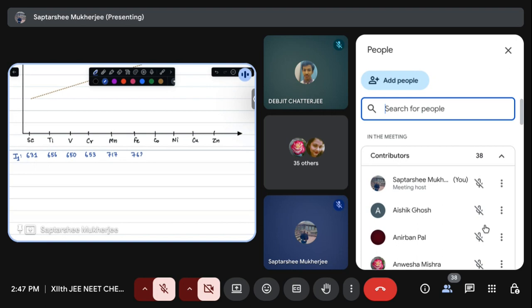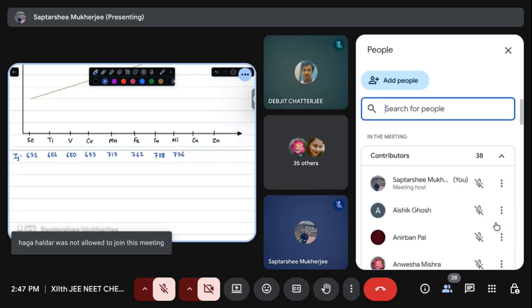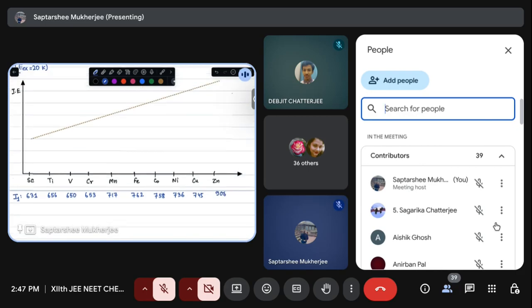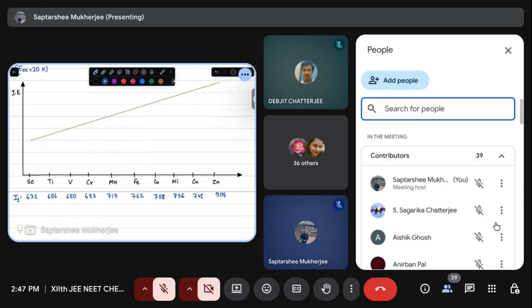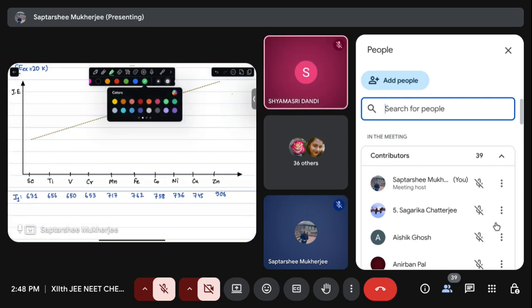See, I don't also remember, I am referring to the NCERT data only. 758, 736, 745, 906. These are the values given, everyone. Do we agree? Just let me know quickly. Yes, sir.